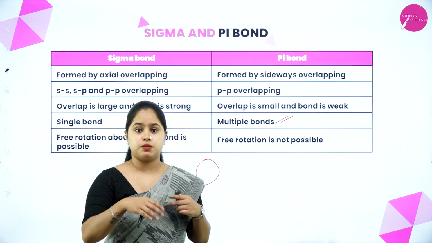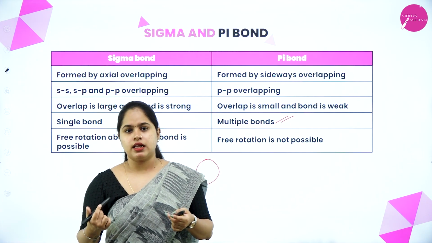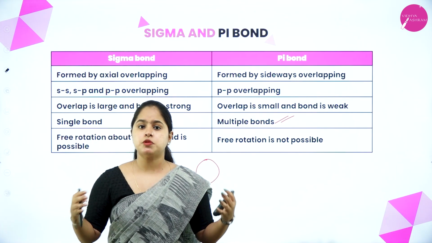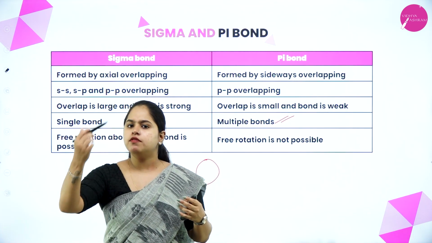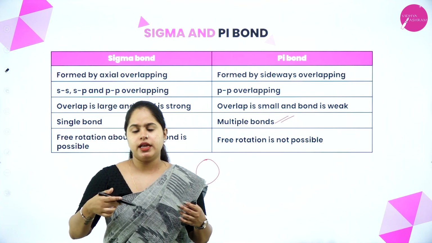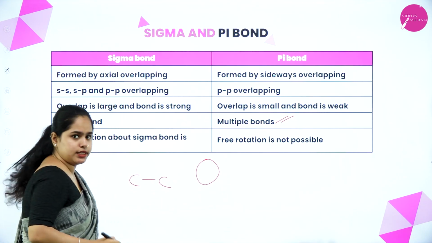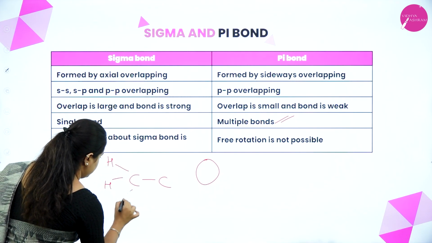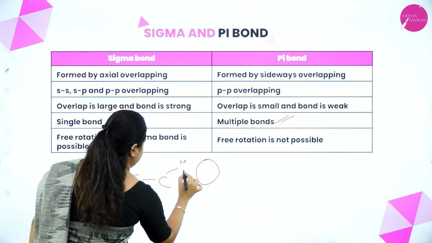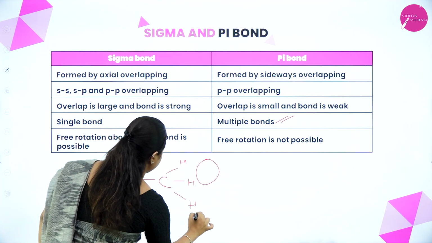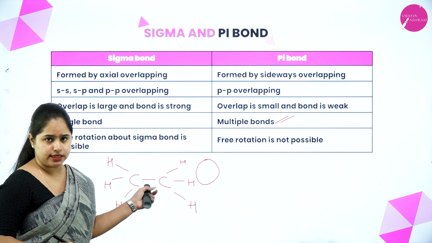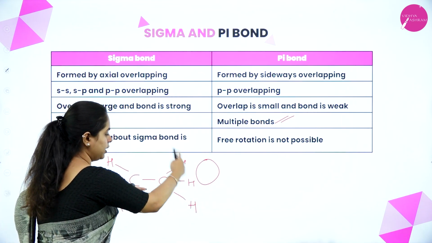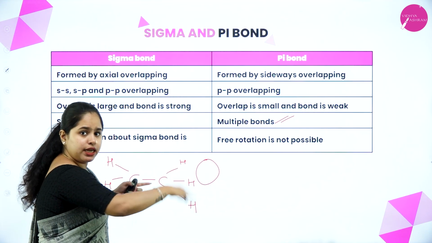So you know that multiple bonds are present there, which means the atoms bonded through these multiple bonds will not be able to rotate freely. Let's consider this particular molecule. If only one single bond is present, that is a sigma bond, along this axis, if I want to rotate this CH3 part, it is easy.